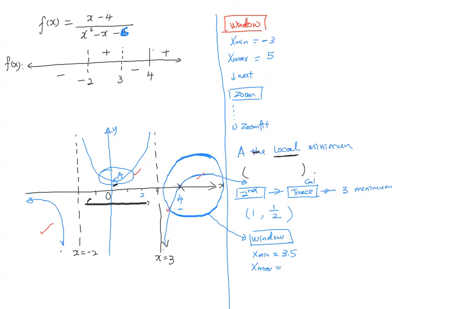Can we remain it as 5? No, if you remain at 5, you can't see, because somewhere there is a turning point. Just now we plotted and didn't see one. So I make my X maximum much bigger. Why don't you put 10? Okay, we put 10. Then go to zoom, select 0, zoom fit and see.